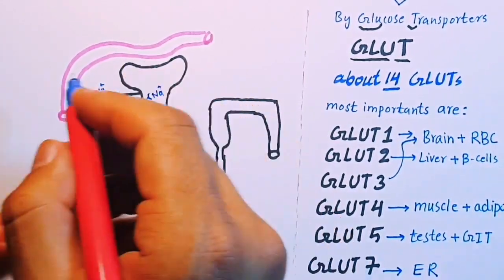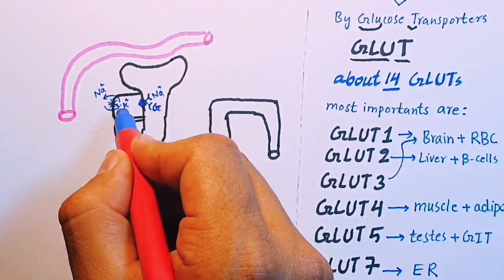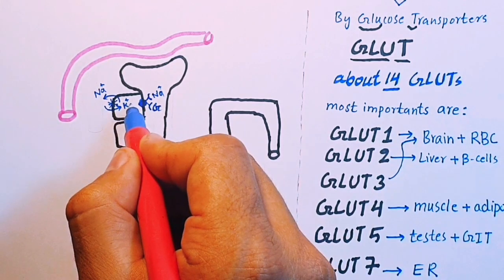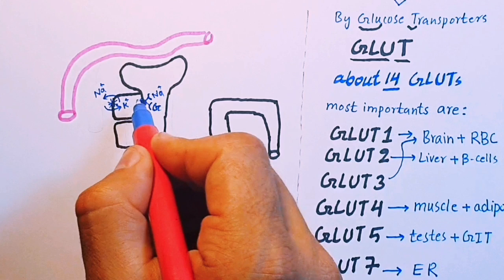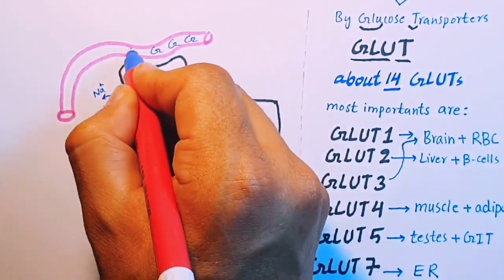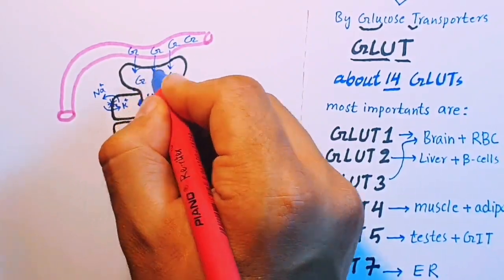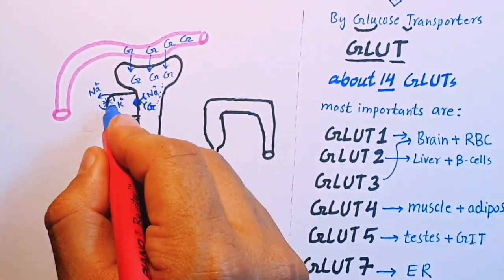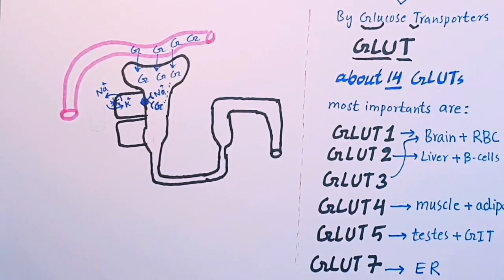And as the sodium potassium pump works, a lot of sodium leaves the cell, and the amount of sodium inside the cell decreases, and the sodium glucose cotransporter functions and causes sodium to come into the cell, and along with sodium comes glucose, which is coming from the circulation into Bowman's capsule, and from here along with sodium it enters the cell through the cotransporter.